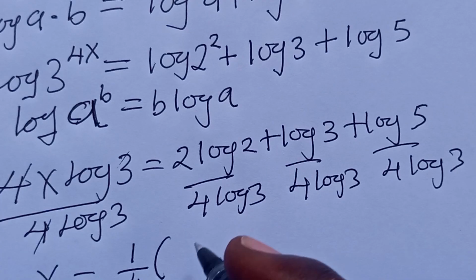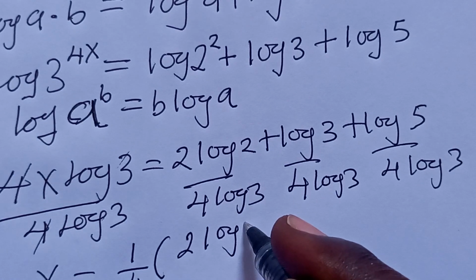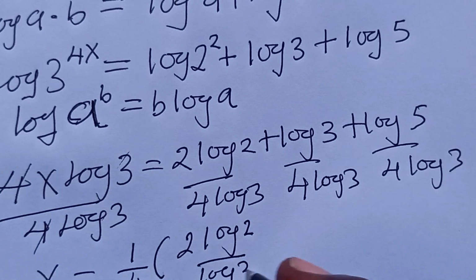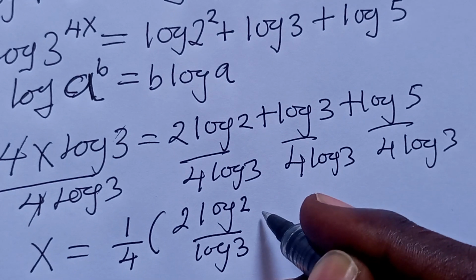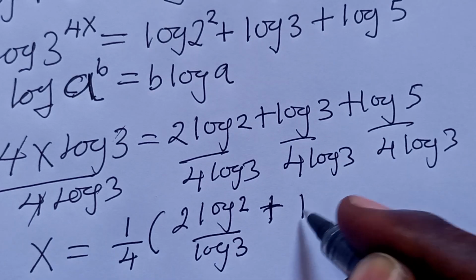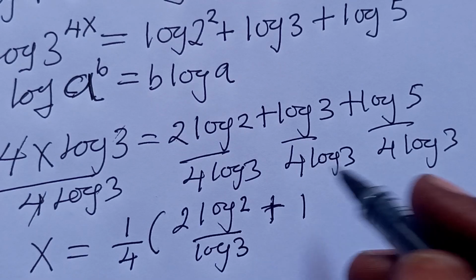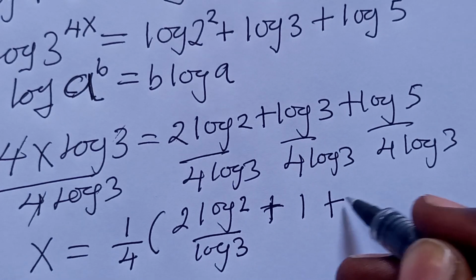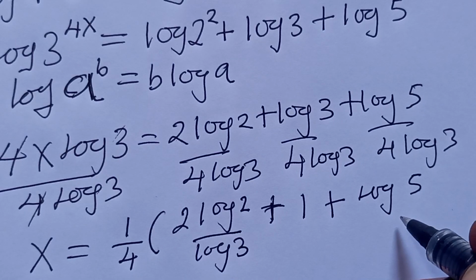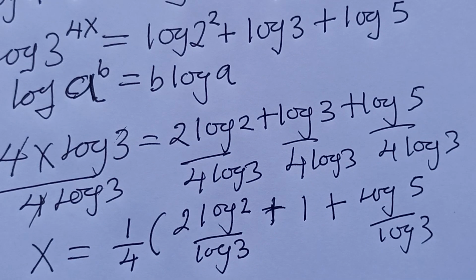So we're left with 2 log 2 divided by log 3 plus 1, because log 3 divided by log 3 is 1 and we have factored out 1 over 4. So we're left with plus log 5 divided by log 3.